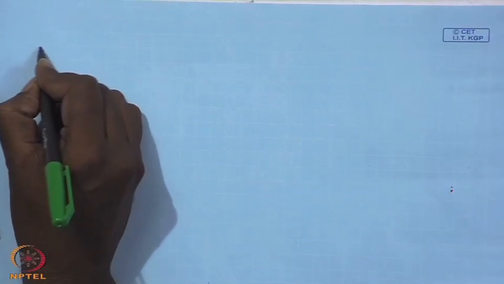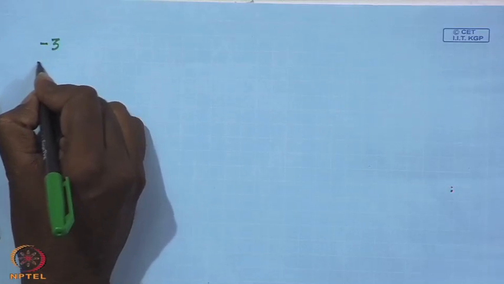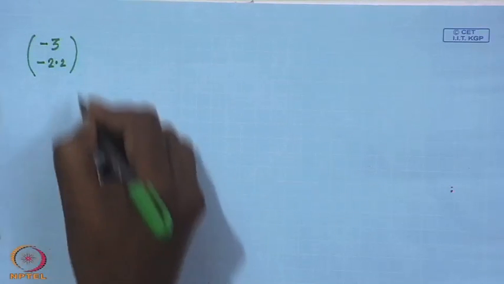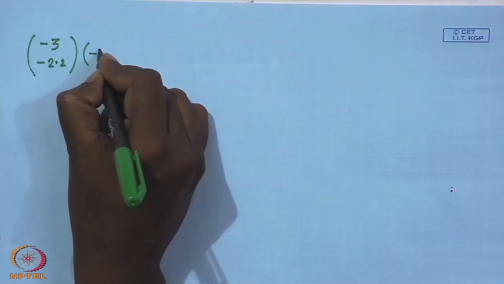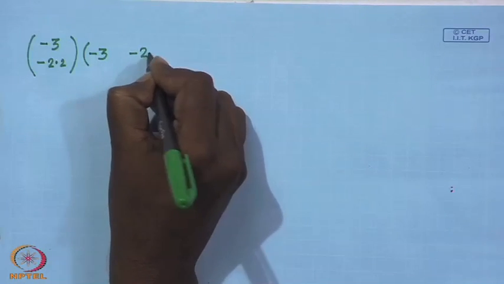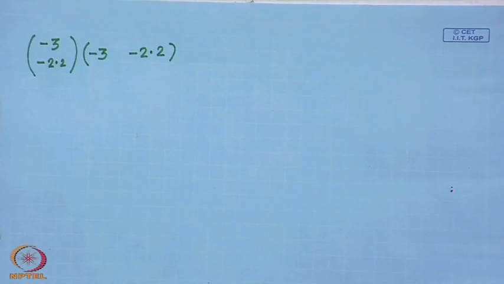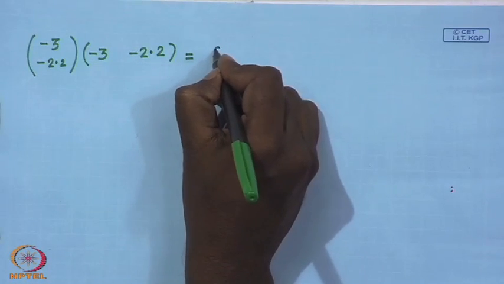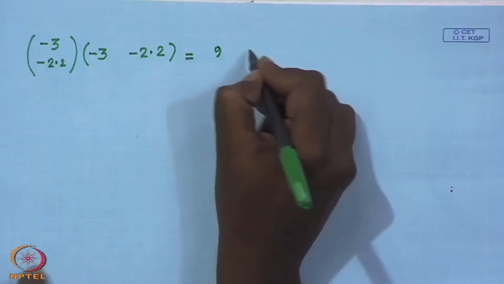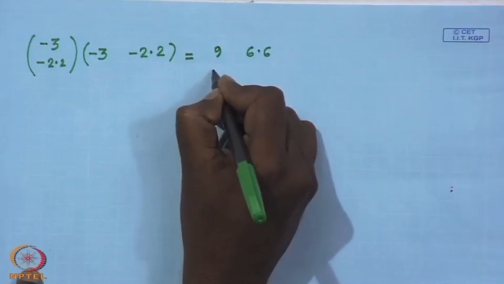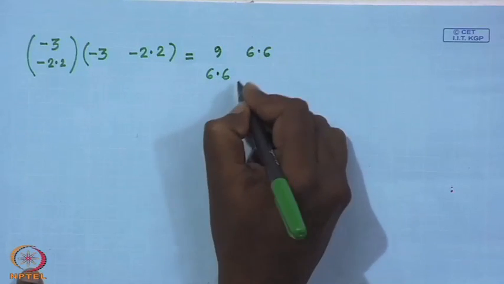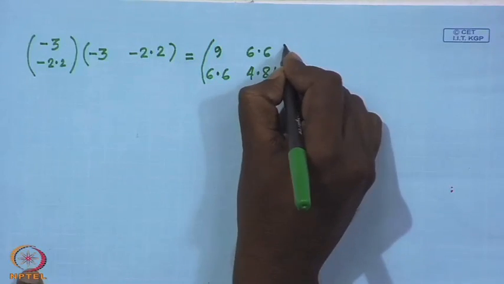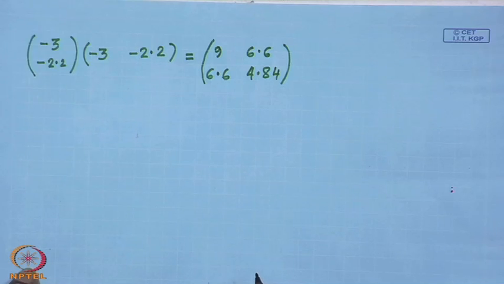This is x minus mu 1 into x minus mu 1 transpose, minus 3, minus 2.2. And if you compute this value, the matrix will be 9, 6.6, 6.6, then 4.84. This is one of the matrices.